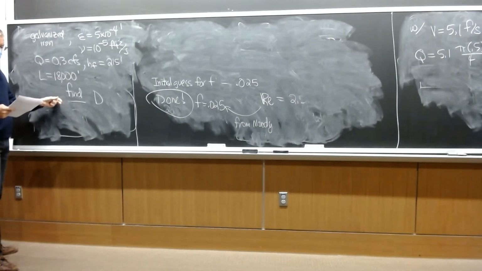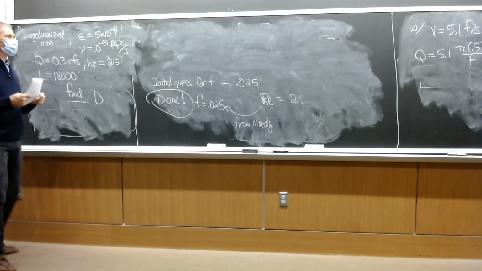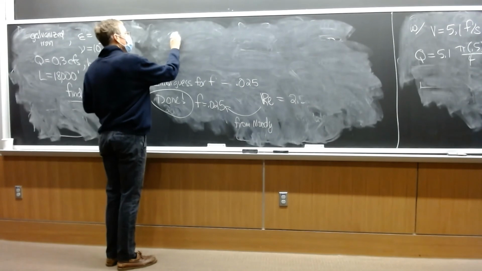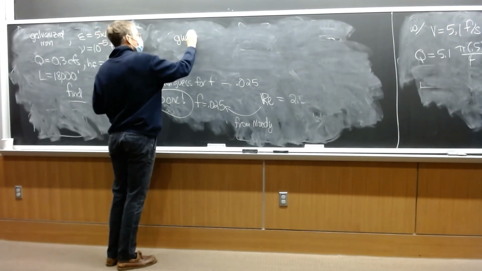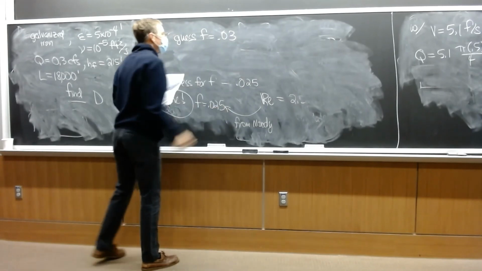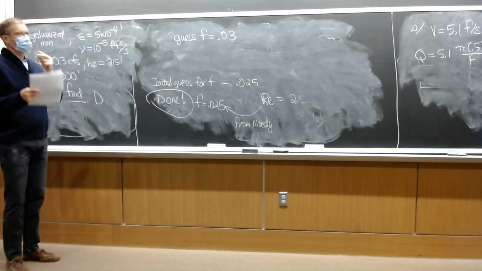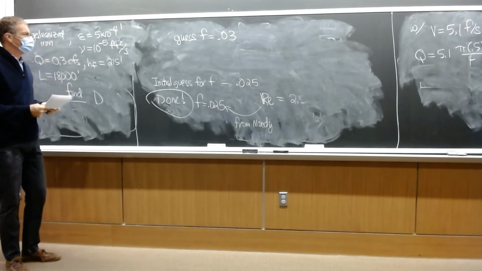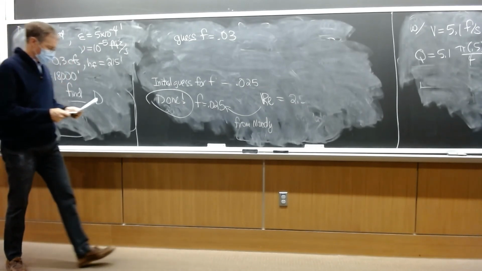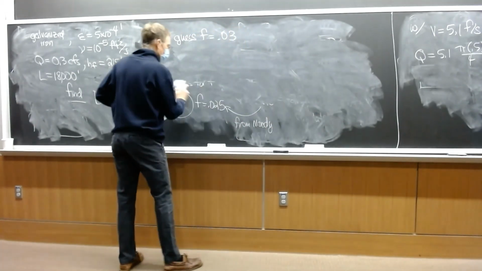So the suggestion is to just start with a reasonable guess for F. A reasonable guess is somewhere in the middle of the Moody diagram, so you start there.